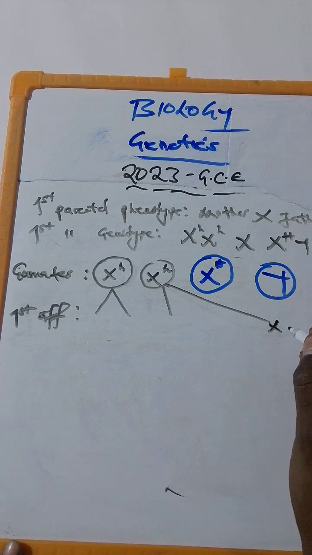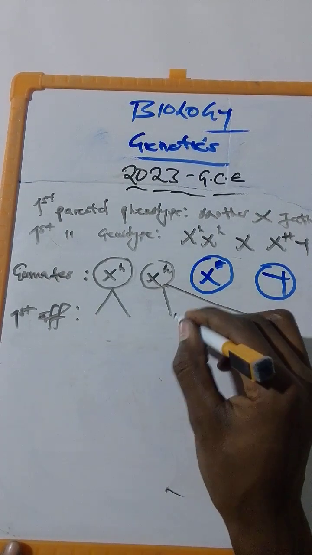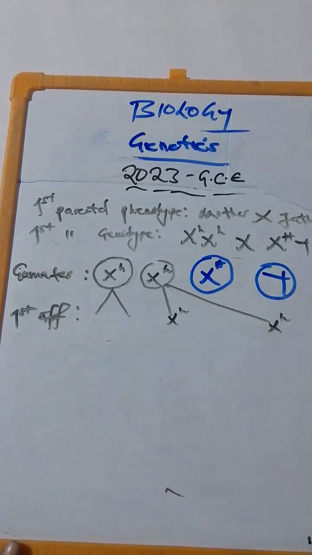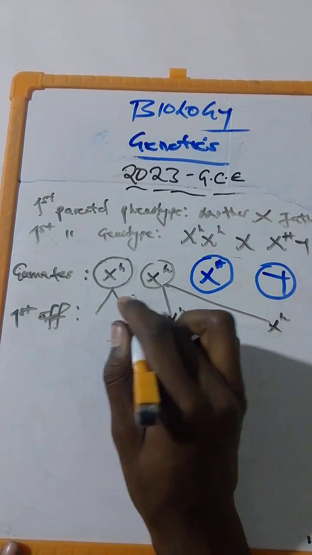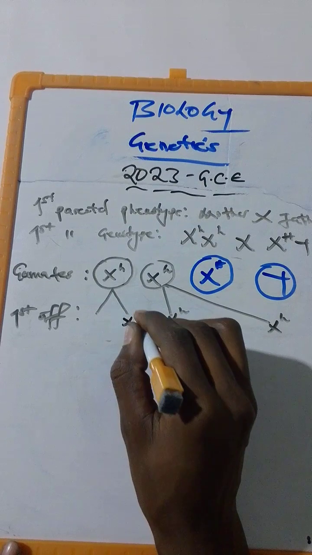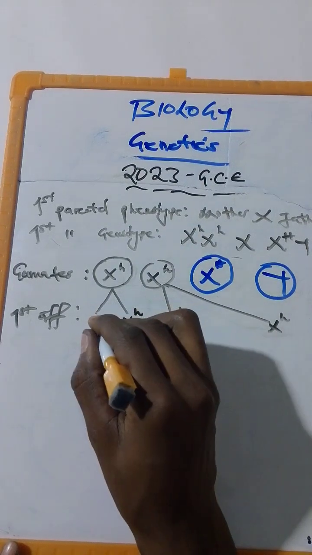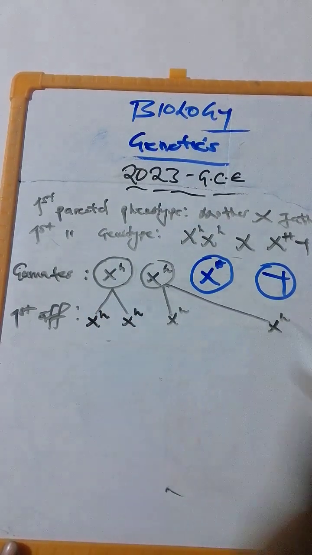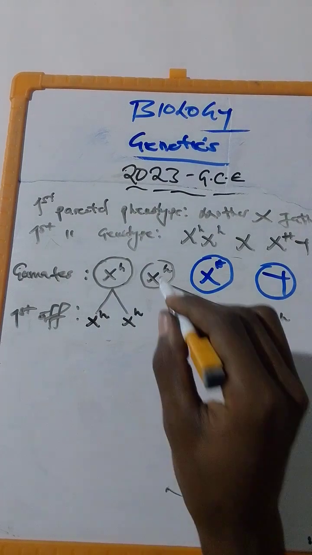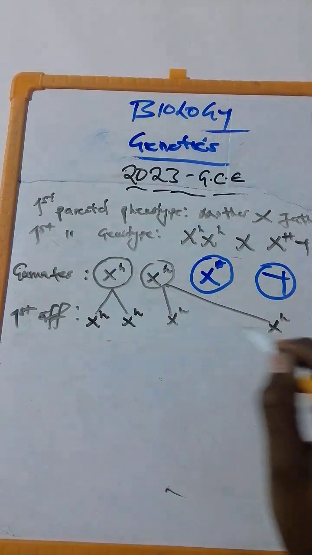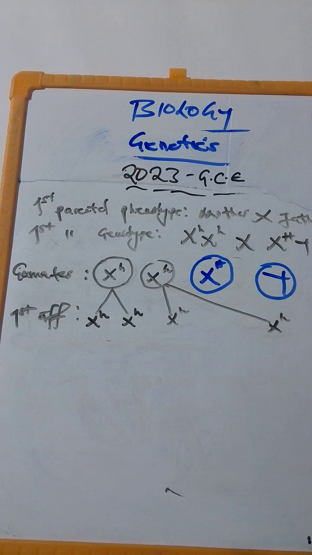We have X with a small letter h, then also have X with a small letter h. Same here. We have X with small letter h, like that. So the 2 has given us 4 parts before these 2 comes in. That is a simple way I've learned it.